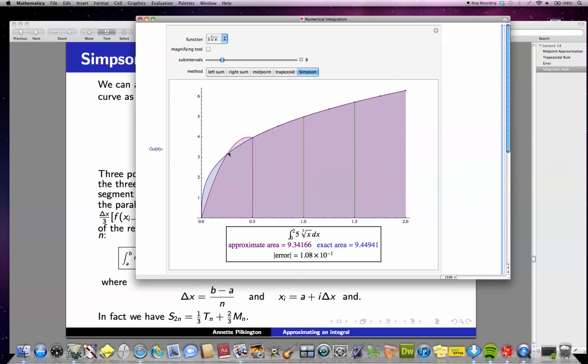Here we have the first 2, and we see the approximation is not as good as the others because for these 3 endpoints, the curve between 0 and 0.5 here is not as close to a parabola as it is between 0.5 and 1 and so on. So we see the line of the parabola is here, and the area under that parabola is the purple area, and that's our approximation to the area under the curve between 0 and 0.5.